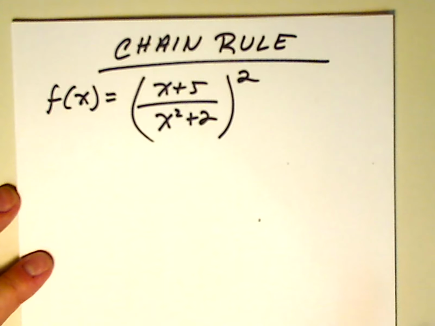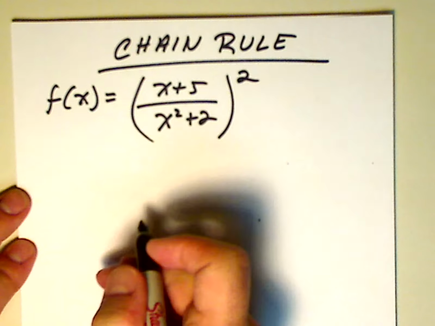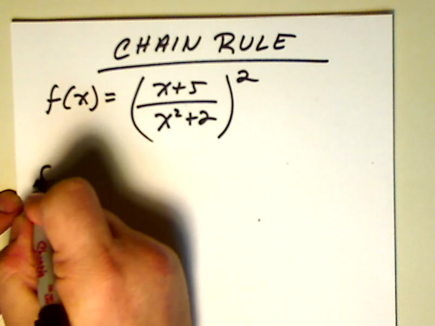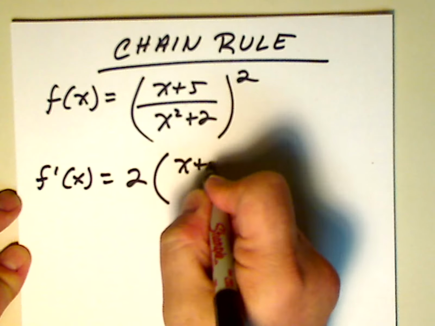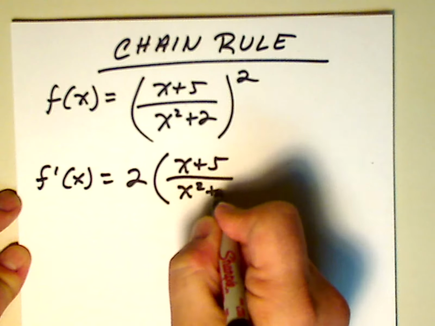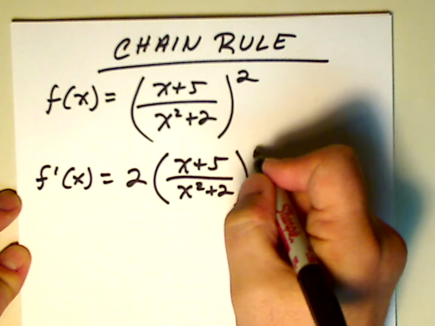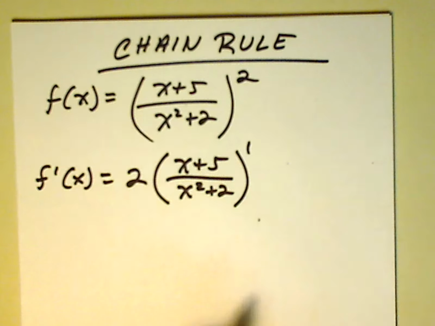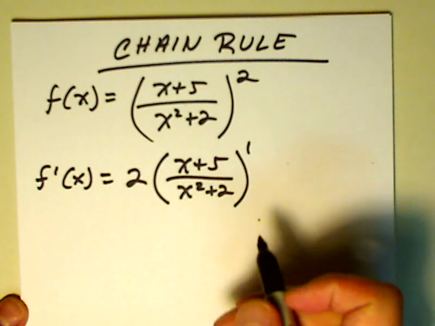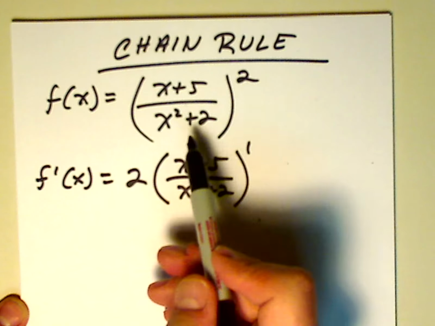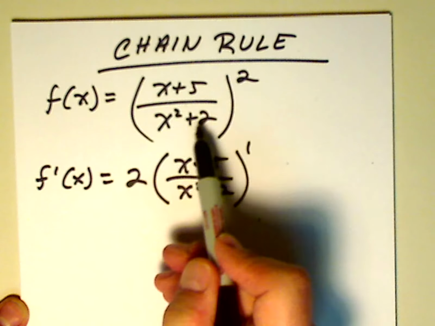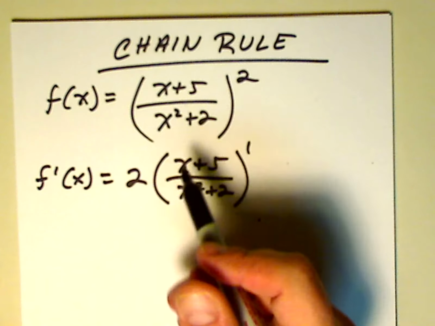So now we just made life easy for ourselves. F prime x here is equal to 2 times this whole thing. This becomes 2 minus 1, or 1. I wouldn't ordinarily write it in, but I am here just for purposes of clarity. And then we're going to multiply this by the derivative of the inside portion, the quotient.